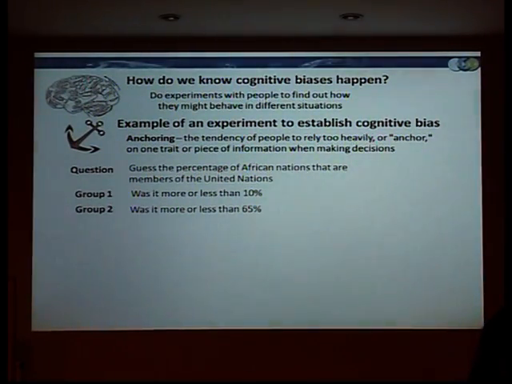The second group was asked, is it more than or less than 65%? It turns out that, on average, the first group, prompted with a low amount, said 25%. The second group, prompted with a high amount, which was the anchor, said 45% on average.